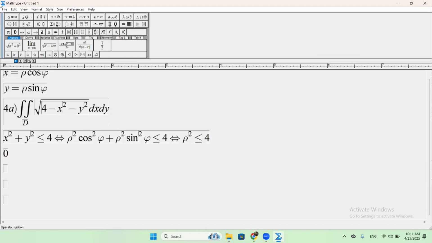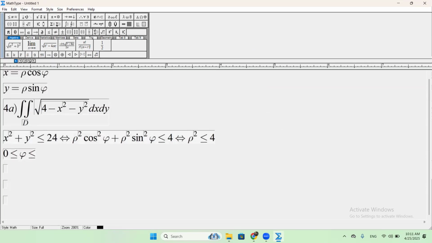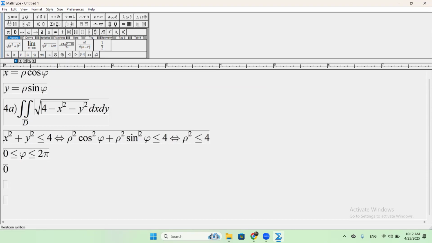So phi changes from 0 to pi. And rho changes from 0 to 2.